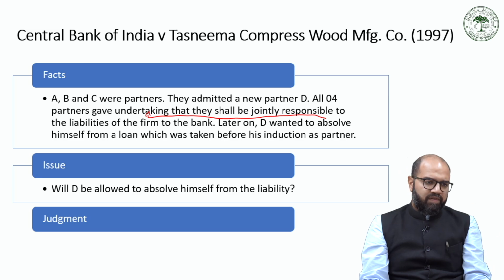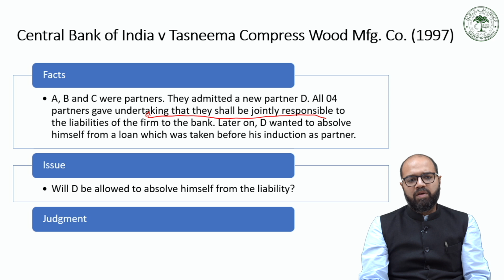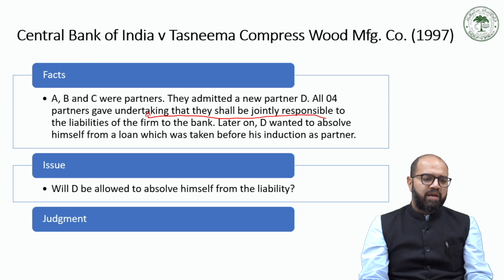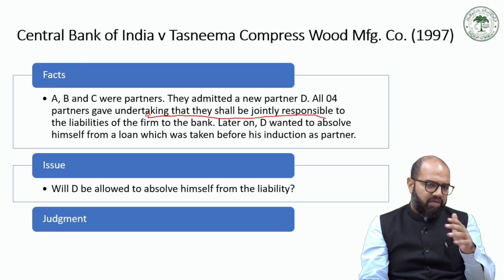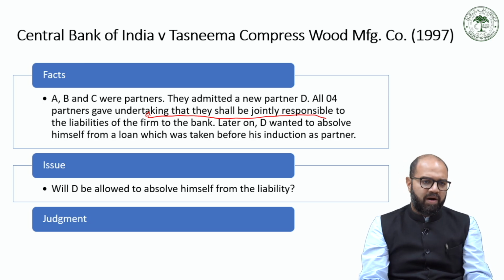So the rule that we had discussed was that the liability is generally prospective. However, it could be varied by an agreement between the partners to the contrary, thereby making an incoming partner retrospectively liable for the acts of the firm which were undertaken even before he was admitted as a partner.